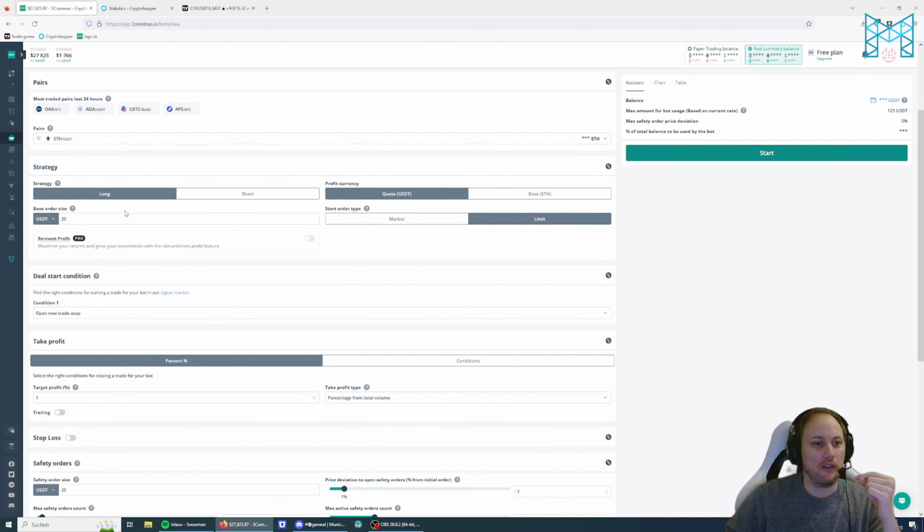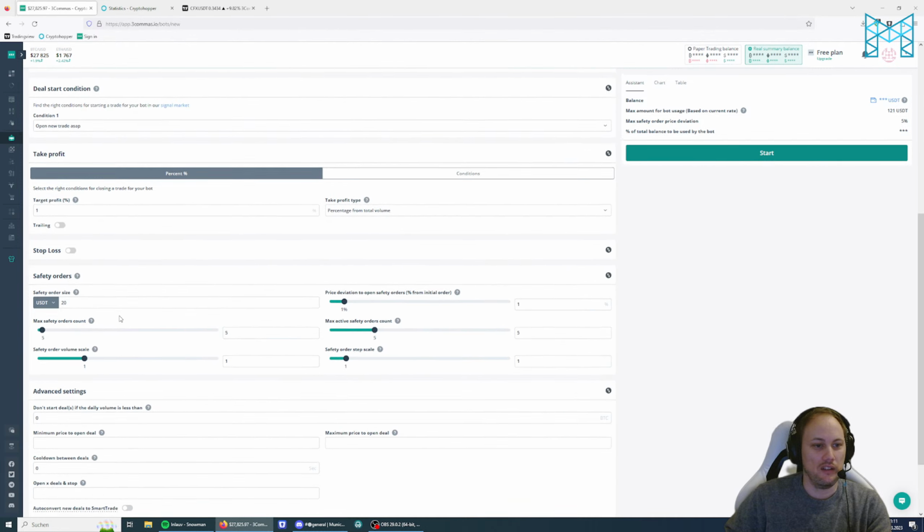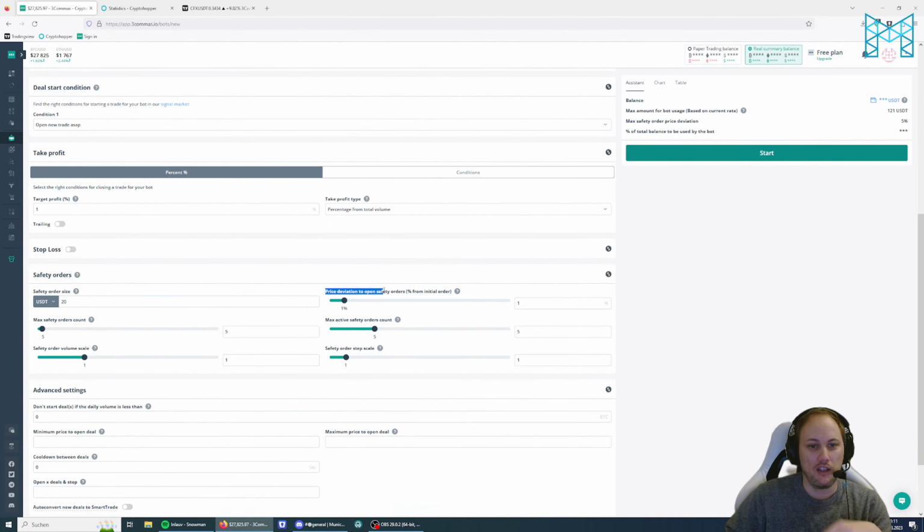When you open the base order, then you tell the bot, okay, when should I rebuy? The DCA bot always rebuys once we hit a certain percentage. For example, here it says price deviation to open a new safety order. So when I have the open position, the first one, and then we drop 1%, then we buy the first safety order, which is here, for example, 20.